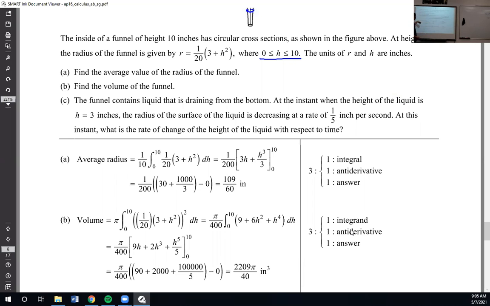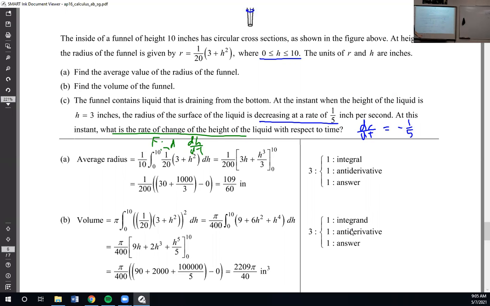Same thing on part A. All right, and now part C is your related rates question. And so we're going to use this same formula here for R, and the radius is decreasing, so this tells me dr dt is -1/5, and it is asking for dh dt.